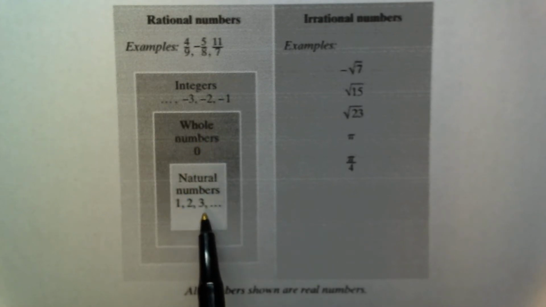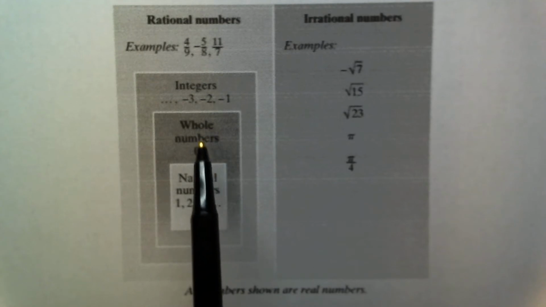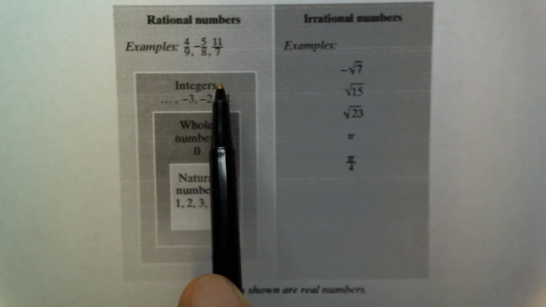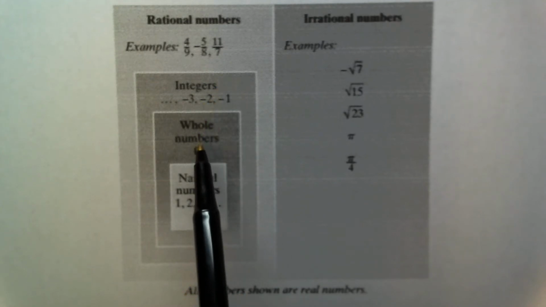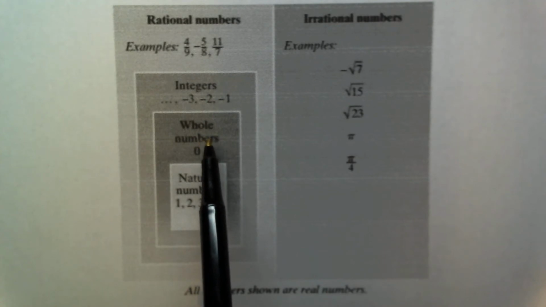So they're kind of nested. In other words, we can say that the integers are a subset of the rational numbers, and the whole numbers are a subset of the integers, and the natural numbers are a subset of the whole numbers.